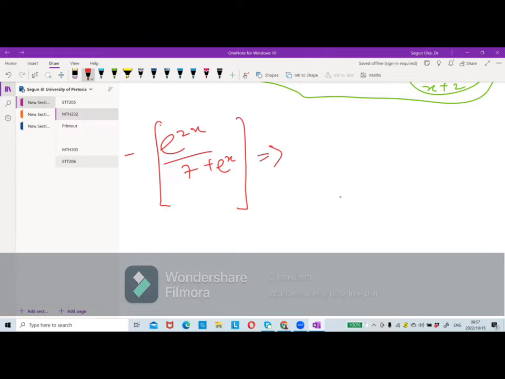I can say it is the same thing as e^x times another e^x. It will give me, what do you think it will give me? Do you agree with this? Yeah, of course.